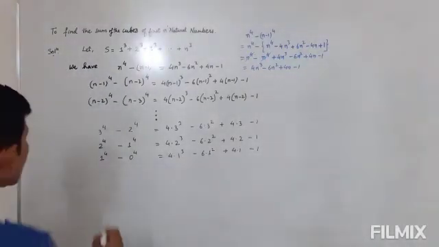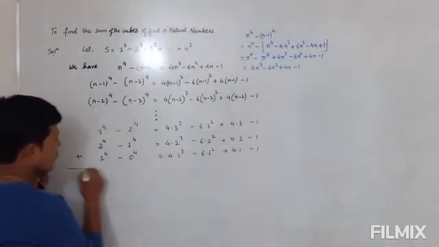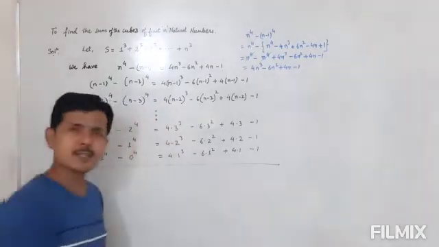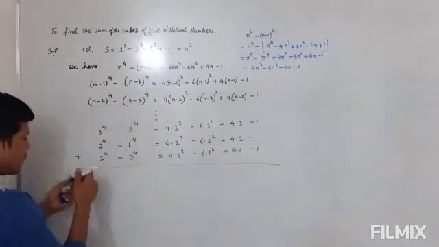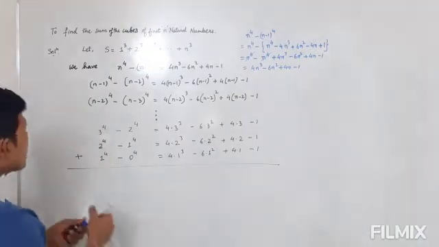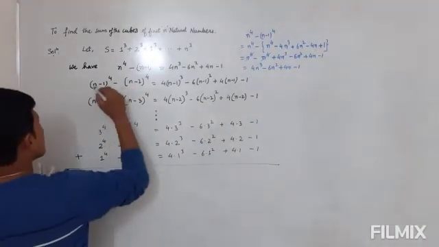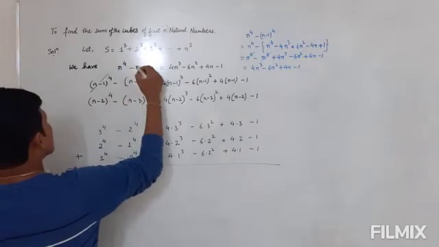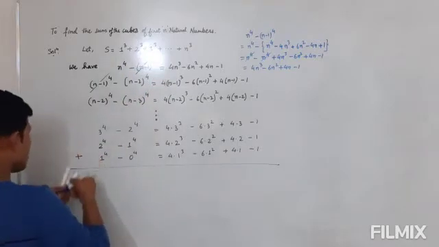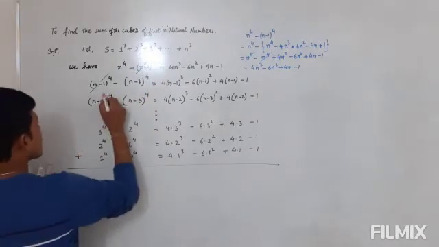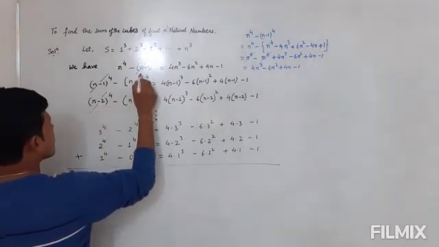Now what I am going to do is add up the left hand side and the right hand side. See, once you start adding up the left hand side, you will find that (n minus 1) to the power 4 gets cancelled. Similarly, (n minus 2) to the power 4 gets cancelled.